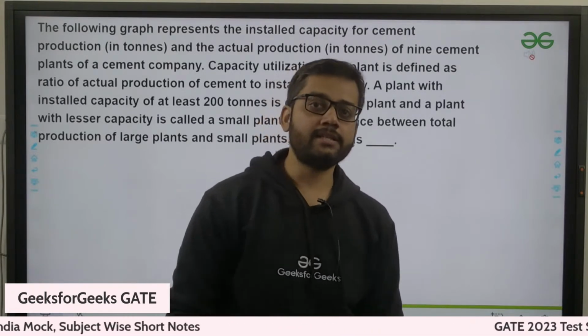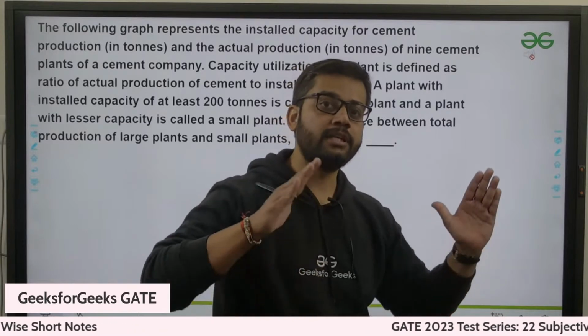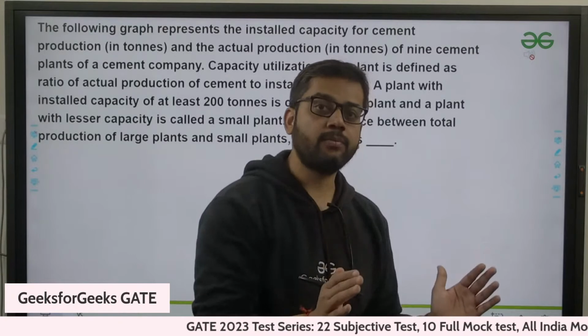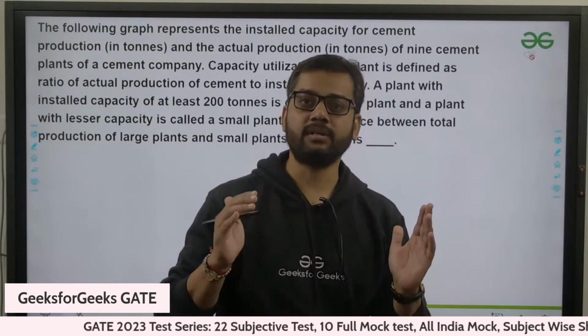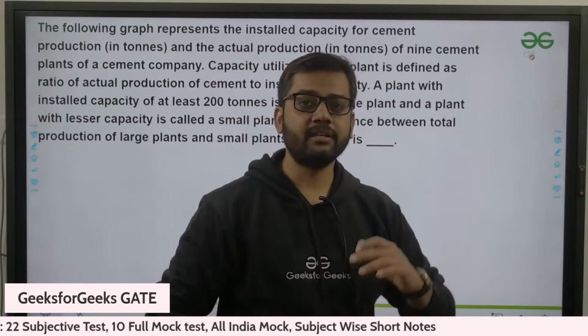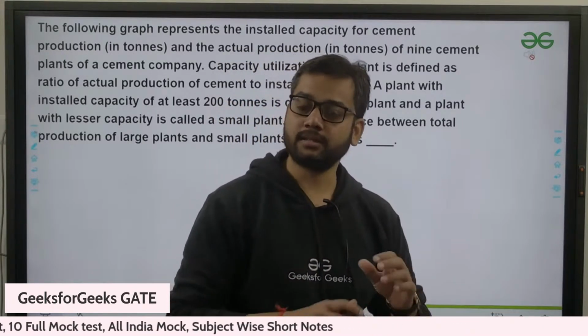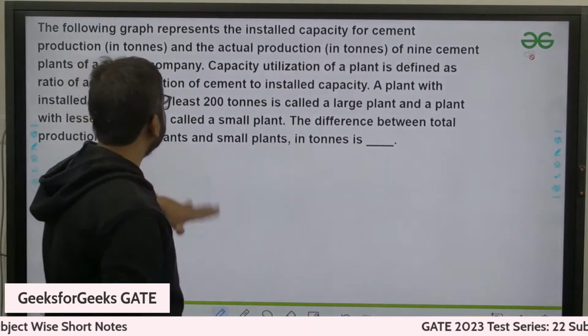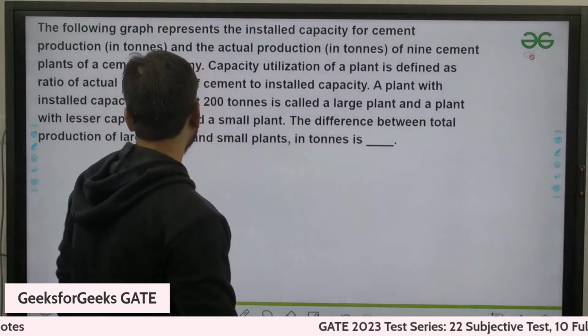DI section questions depend greatly on the information. That information may be a little confusing, scary, or lengthy, but the question is very easy. The following graph represents the installed capacity of cement production in tons.